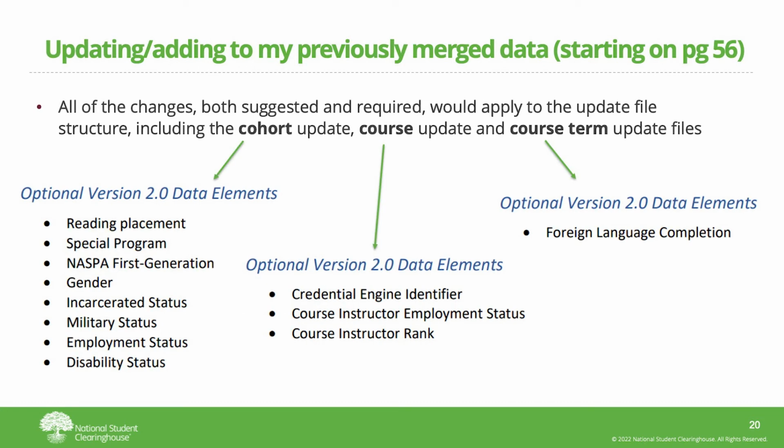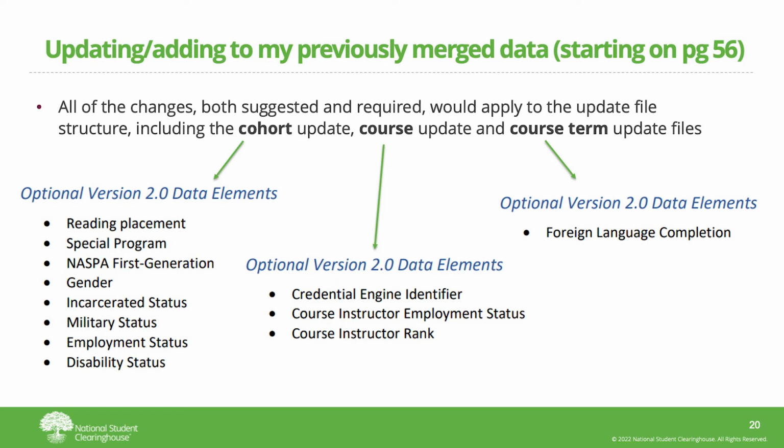The final thing I did want to acknowledge before I get into some of the examples I wanted to go through with you, just to hopefully answer some of your questions, is that you can update all of these fields using the update process. If you have data for cohorts or courses that you've potentially already given to us at PDP, and you'd like to amend this data with this information, all of it can be done through the update process.